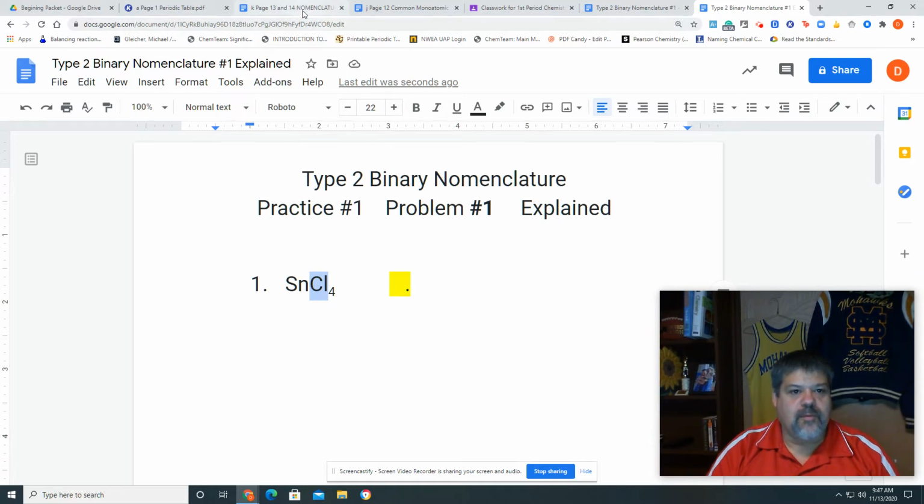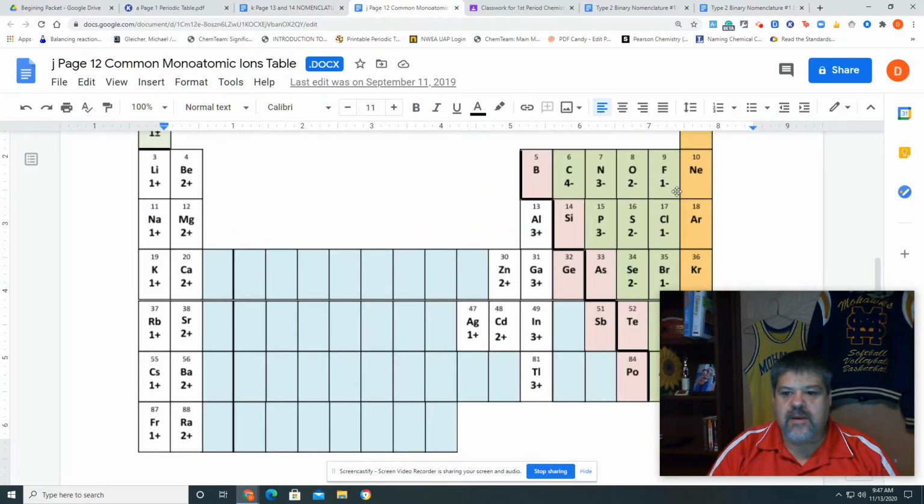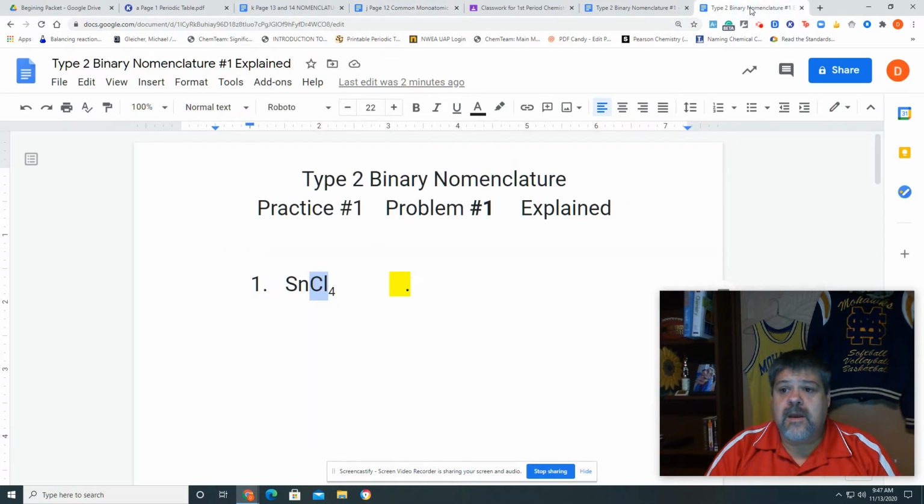So chlorine, if we go back to the right one, we see chlorine is right here. It's a -1. Remember, this is the thing in your packet that has the monoatomic ion. So these ones all have a singular charge, which typically the metals tell us that. So we know that the charge for chlorine is going to be a -1.